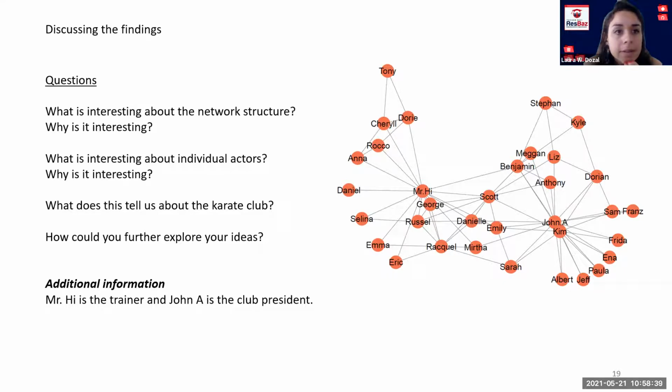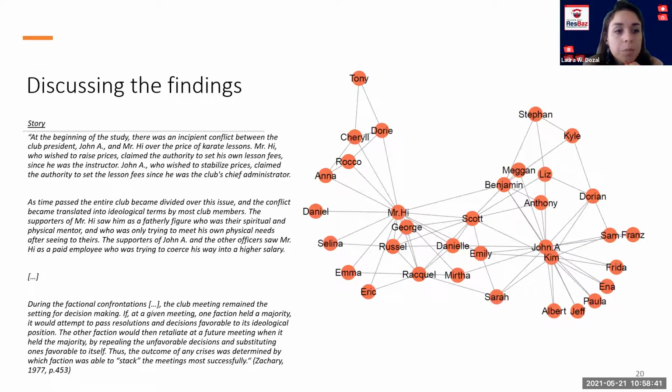Okay, let's see. So essentially, here's the story to give you background to the network, because a lot of times you get all of these measures and you analyze a lot of the data, and sometimes it doesn't give you the full story, right? Sometimes you do need a qualitative aspect to your work to better understand what's happening.